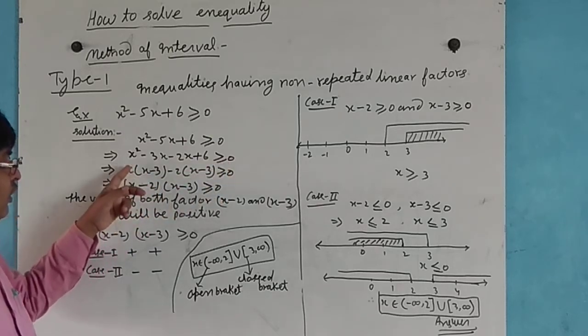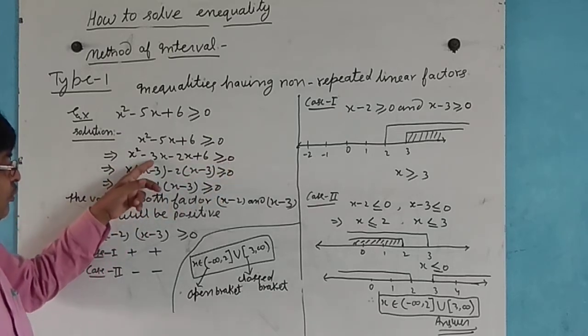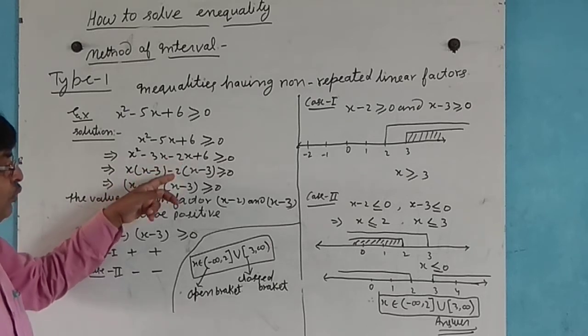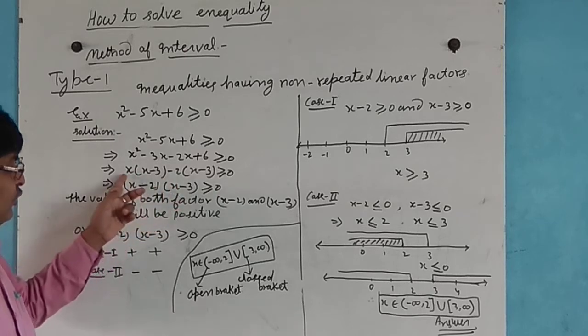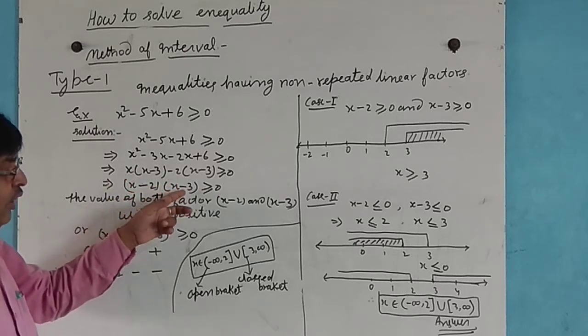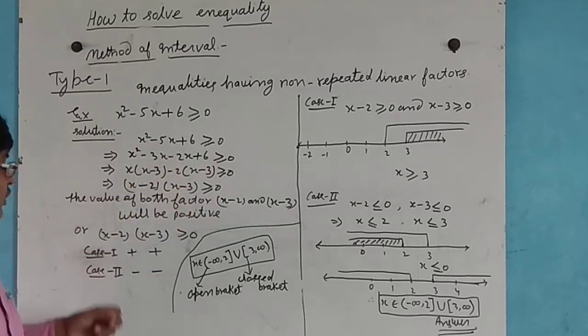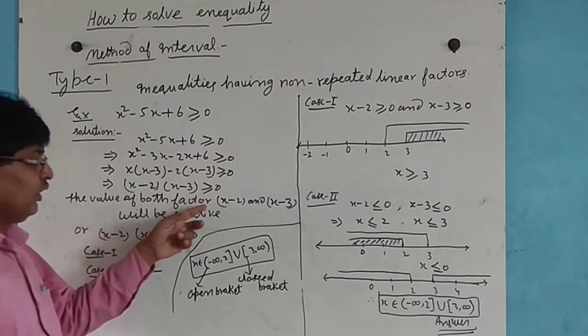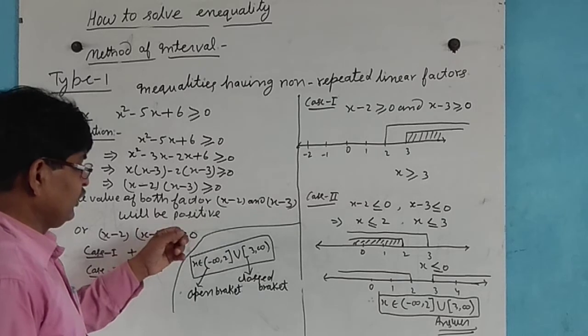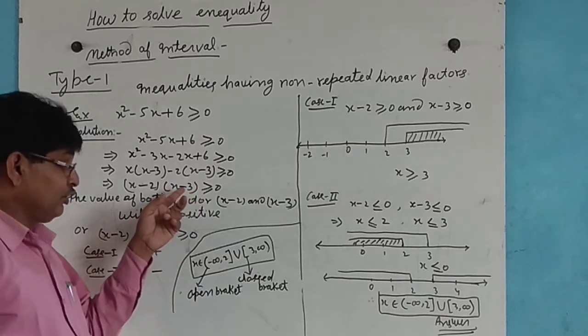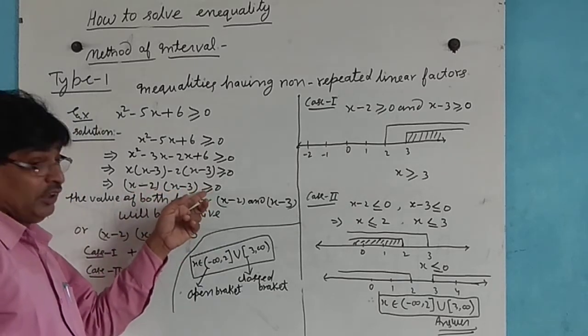Now taking common x, we get x minus 3 and also minus 2 times x minus 3. Now both x minus 3 and x minus 2 are factors of this polynomial. Here, as you see, the product of both is greater than or equal to 0.